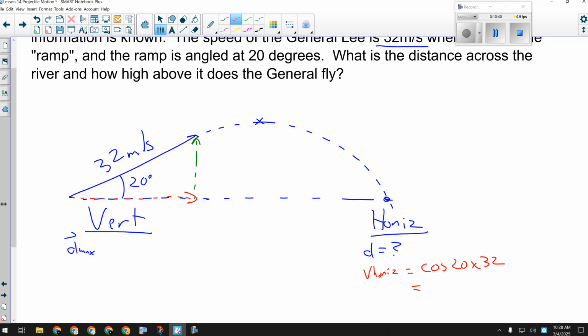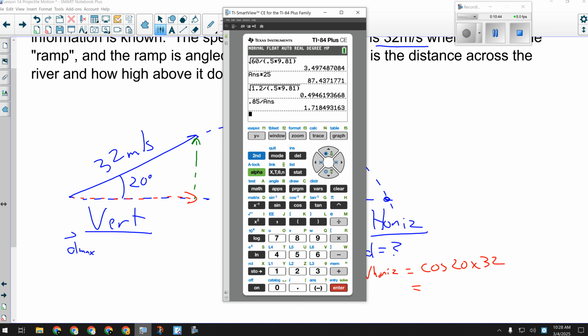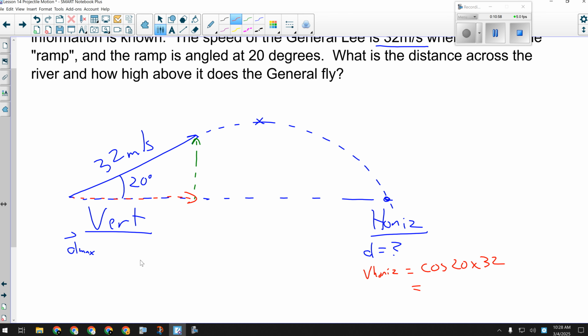That will tell me the horizontal component of the launch velocity. So cos of 20 times 32. The General Lee is flying through the air horizontally at a constant velocity of 30.07 meters per second. That's well over 100 kilometers an hour.